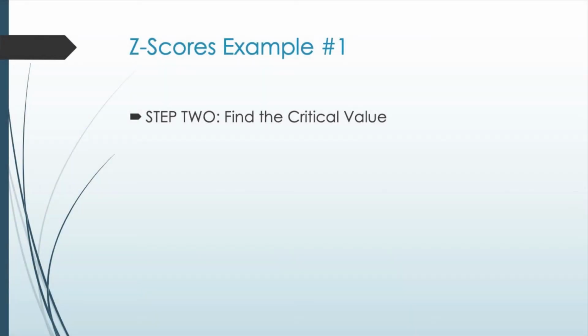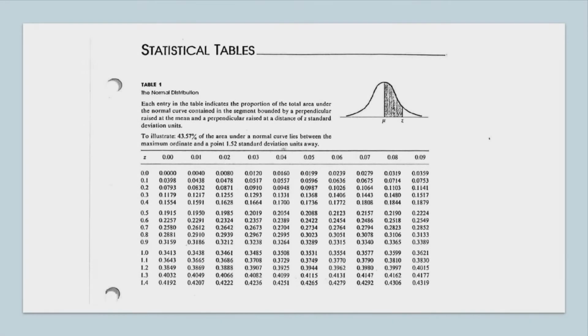Now that we've calculated our z-score, we have to go find the critical value in the curve probabilities table. So our z-score equals 1.25. Now we have to look it up in our table. And there are a ton of values in this table, so it's laid out in kind of a strange way, but all you need to know is that we look in this first column here that says z, and we want to identify the first two integers from our z-score.